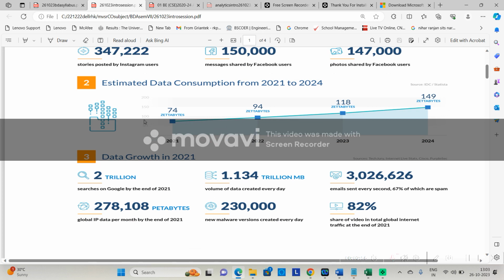If you look at the estimated data consumption chart, it starts with 74 zettabytes in 2021 and reaches 149 zettabytes in 2024. So it means it's an era of zettabytes, it's an era of big data.